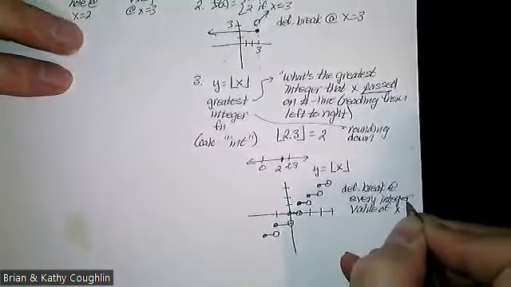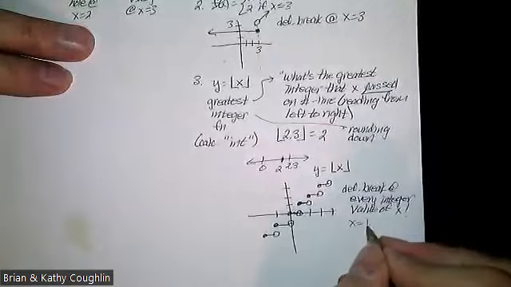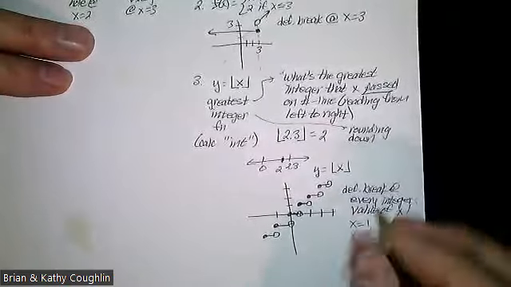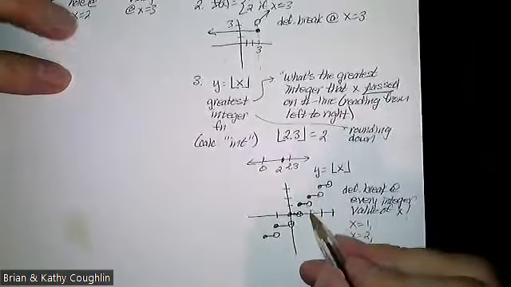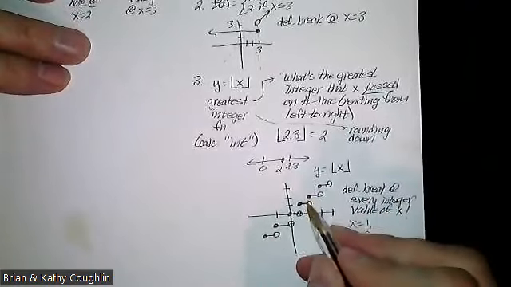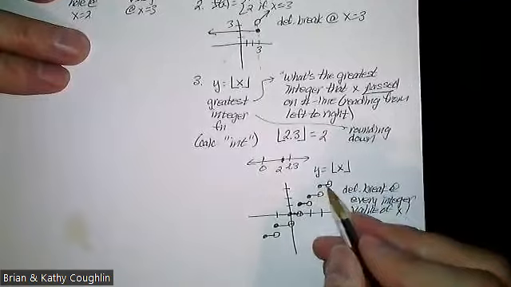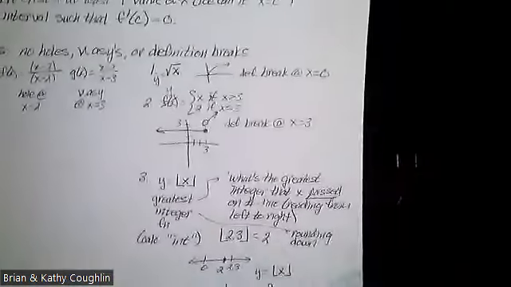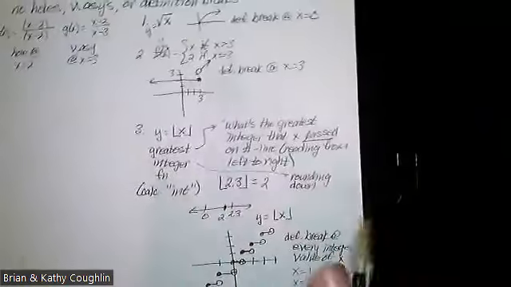So lots and lots of definition breaks. So like x equals 1, x equals 2, x equals 3. Every single time you hit a round number, it breaks. Because over here at 2, look at that, snapped. Look at here, snapped. So these are the three basic cases where you might run into a discontinuity.